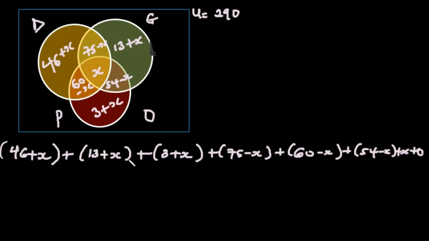Looking at this, you have 1, 2, 3, 4, 5, 6, 7, 8. So now let's try and open a bracket. This will be 46 plus x. Look at the sign very well when you are opening your bracket.